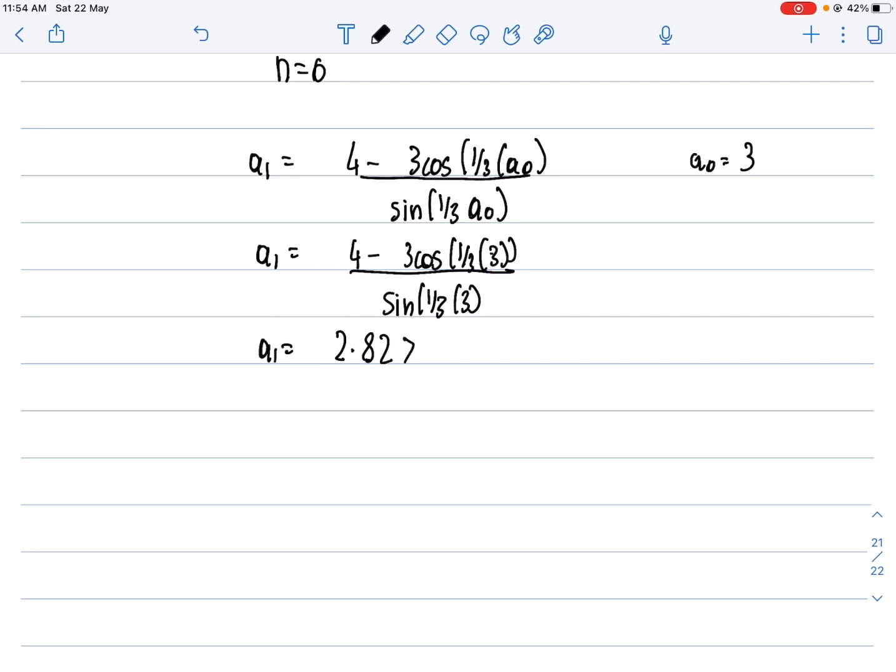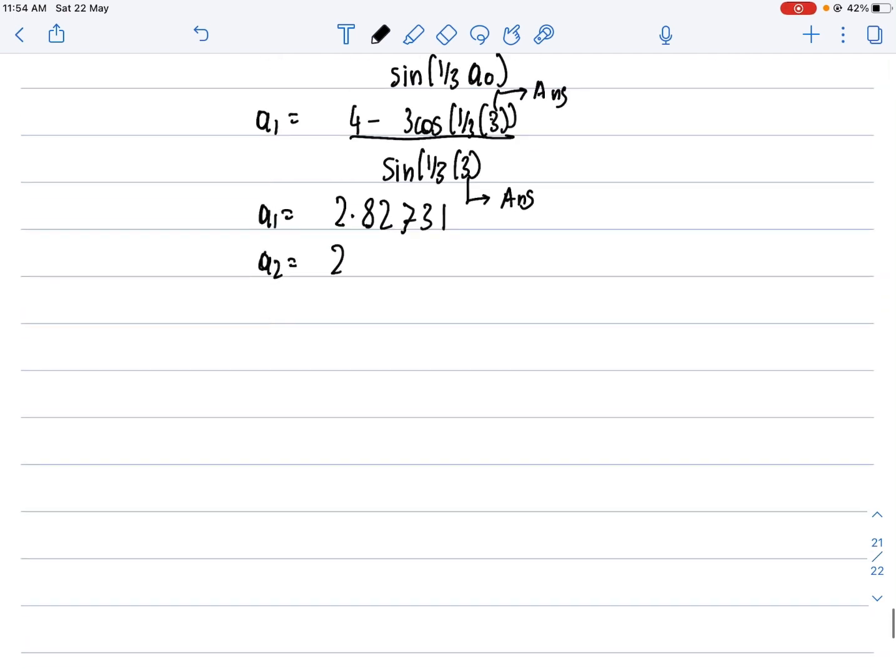the value I get is 2.82731. Now for a2, instead of the 3 here, I click on the answer button. Remove the 3 and click on the answer button. When I click equal to, I get 2.7646.